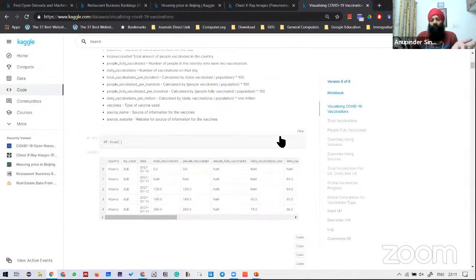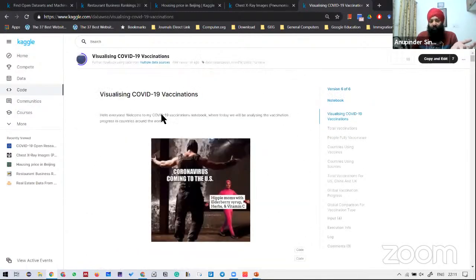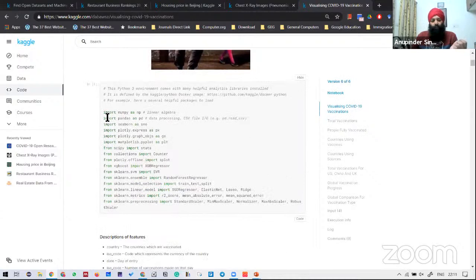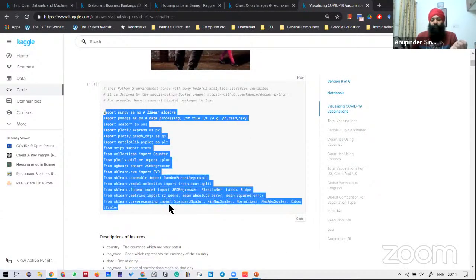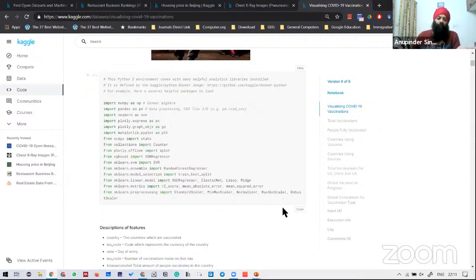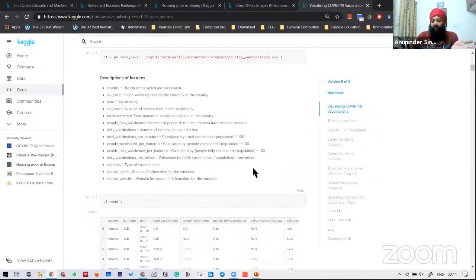Wherever the code is defined, you also need to identify which is a general description and which is actually code. If you click on this code, you will be able to see what sort of imports are done for that particular model implementation. Another set of code is where the data has been read, from the country vaccinations, right? Then they give you the description about it.